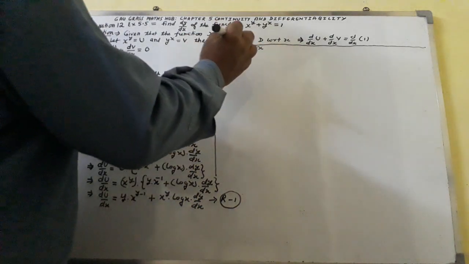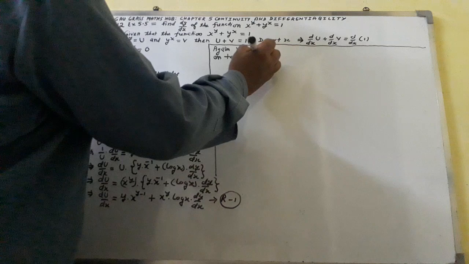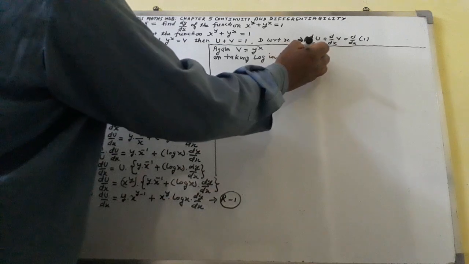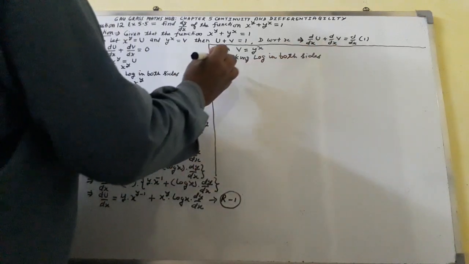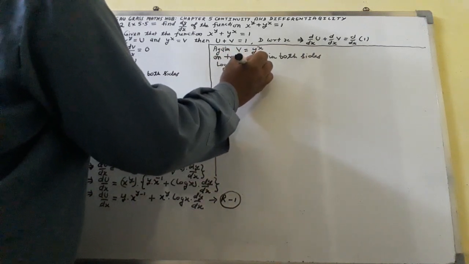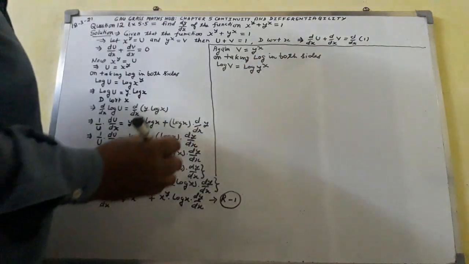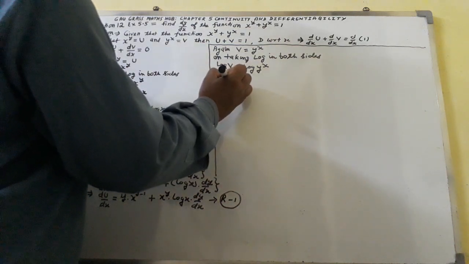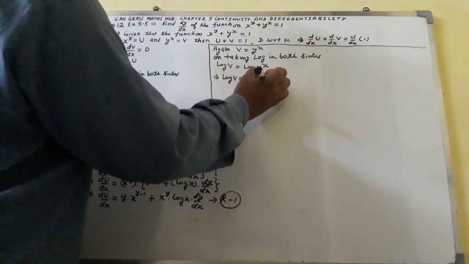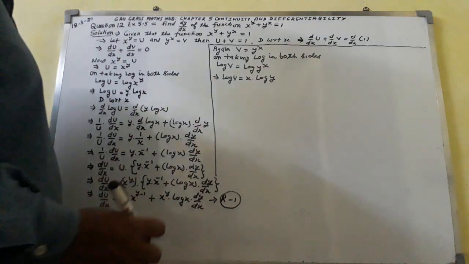So here I shall write, on taking log in both sides, we shall get log v equal to log y raised to the power x. So comes out to be log v equal to x dot log y. This thing we have got.